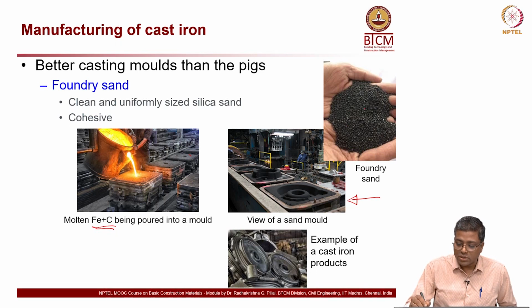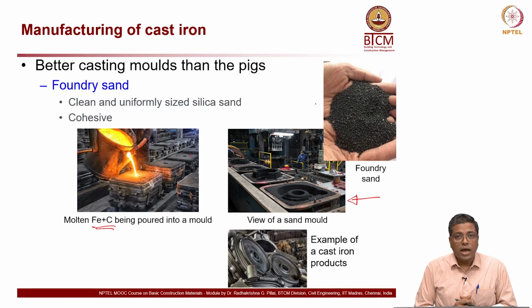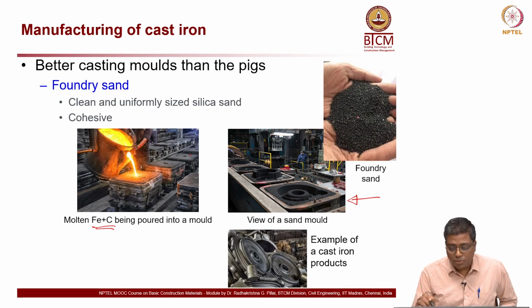Okay. This is the foundry sand you see in the top right image, the foundry sand which is clean, that means there are no clay particles in it, and it is uniformly sized, or has uniform gradation, and is typically silica sand. Also, another important property of this foundry sand is that it should be cohesive in nature.